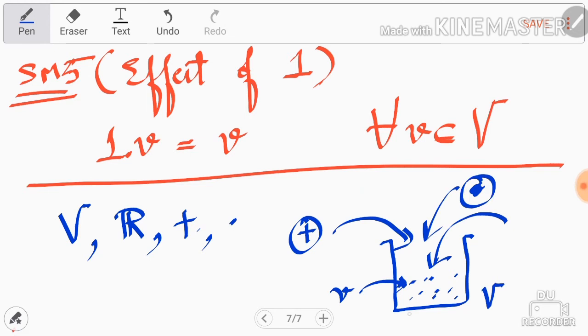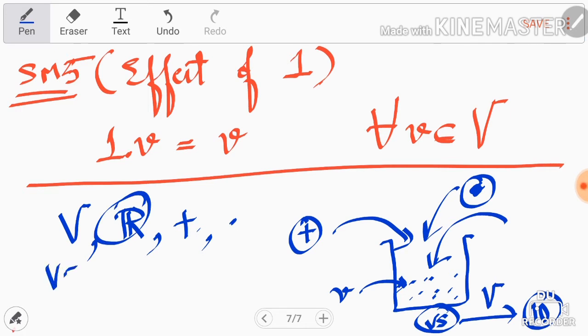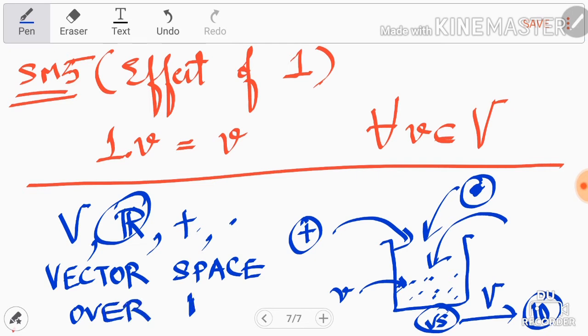You get something called a vector space, provided the 10 properties are satisfied. Since R plays a very important role over here, we will call such spaces vector space over R, that is the set of real numbers.